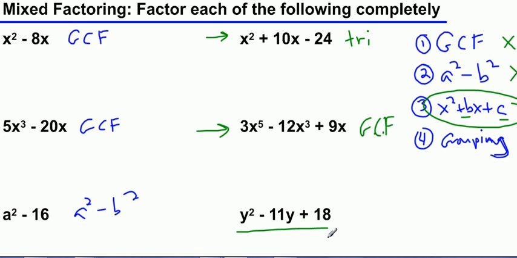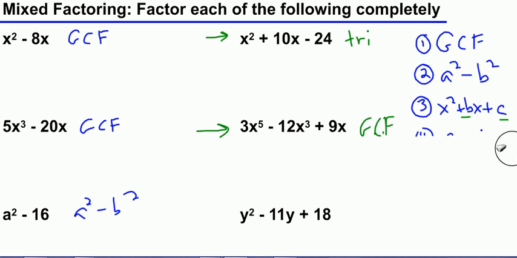The only options with a four-term polynomial would be either the GCF or grouping. So for this video, we're not going to deal with the grouping, even though technically we should always think about it. Let me get rid of these last few marks.